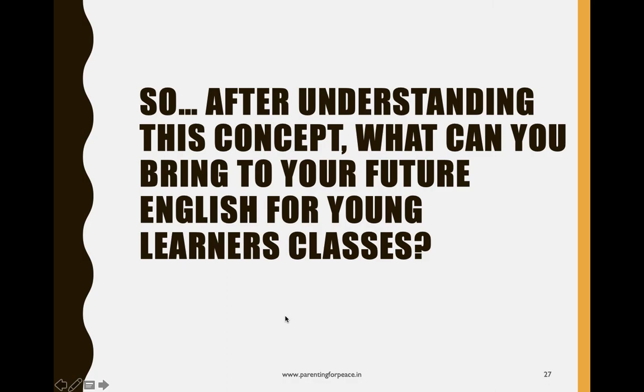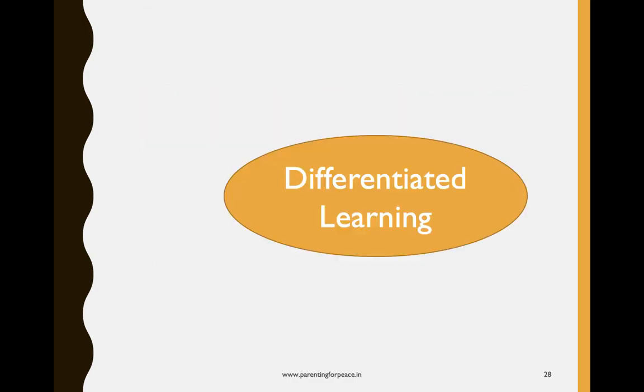So after understanding this concept, what can you bring to your future English for young learners classes? All right, I want you to think about this deeper and find practical ways to bring into your instruction. Maybe this is the answer: the concept of differentiated learning.